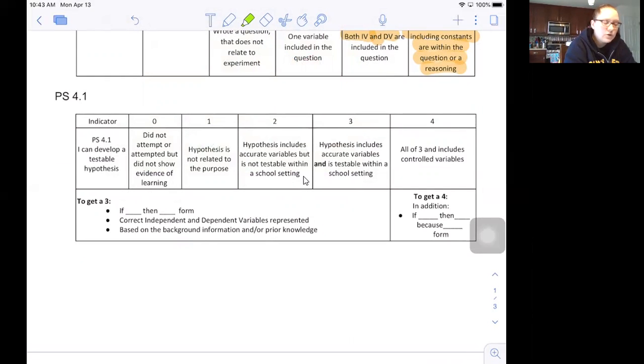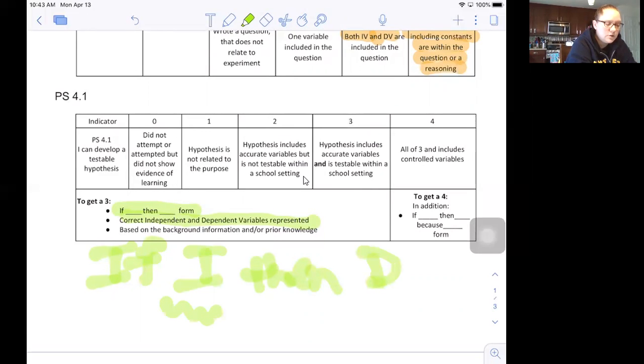This last one on this page is hypothesis, which we're pretty used to doing by now. So if you want to get a 3, it has to be if-then form. You have to have the correct independent and dependent variables represented. Remember, it's if I, then D. So your independent variable is mentioned first, and then your dependent variable is mentioned, okay?